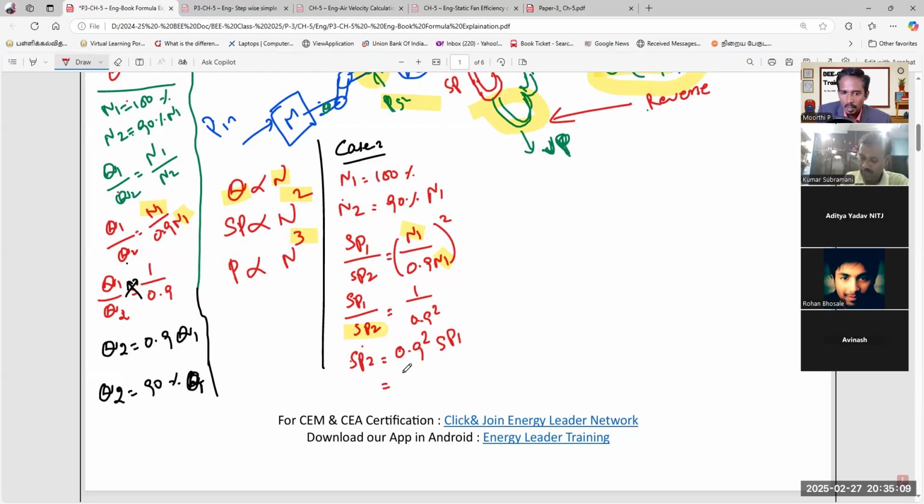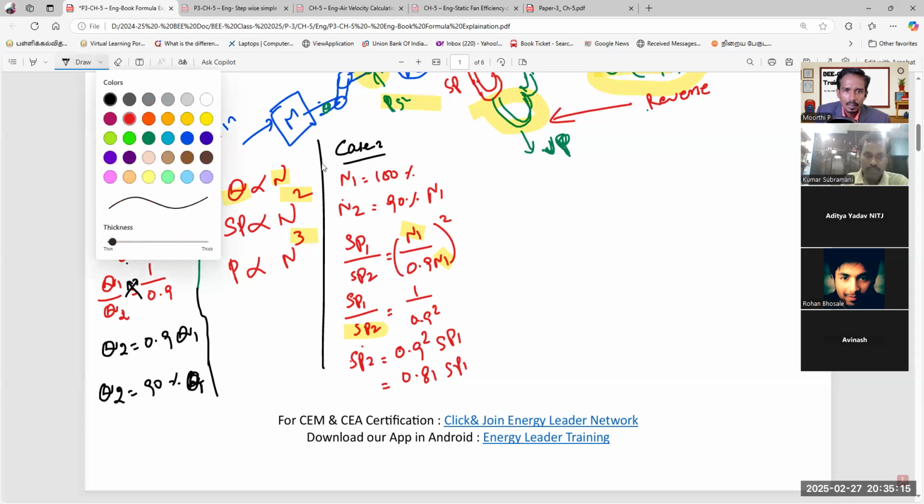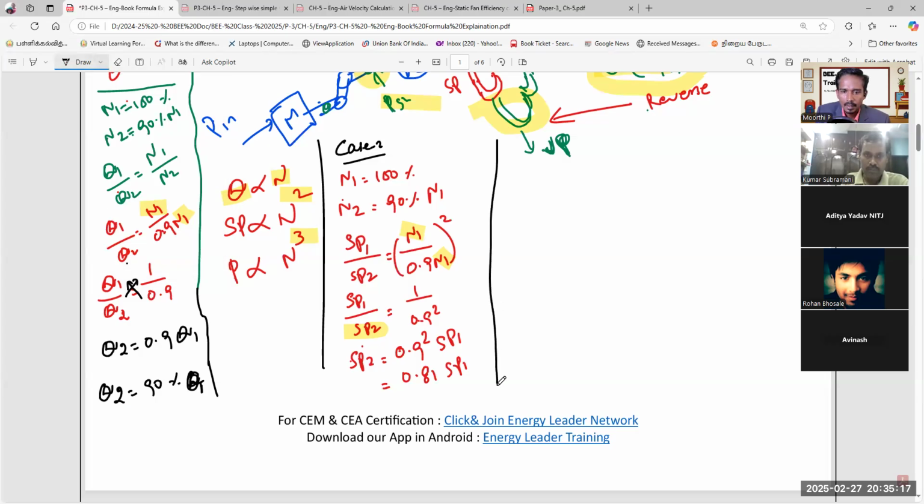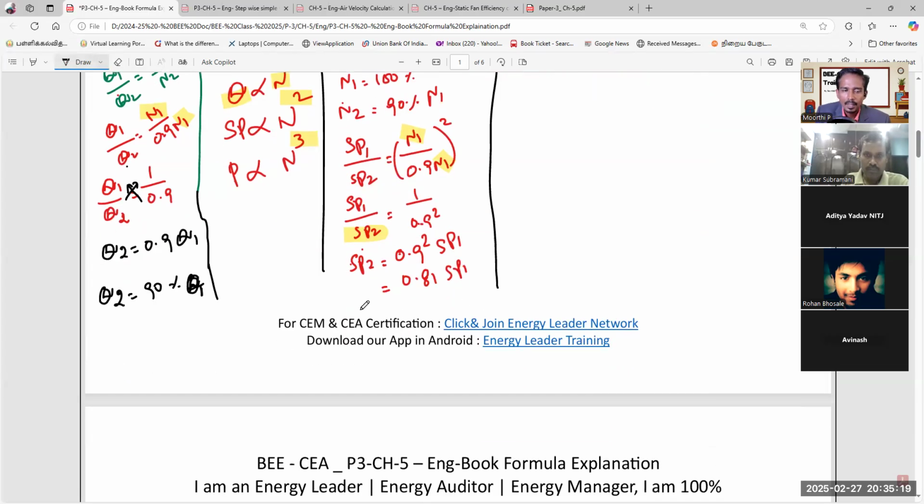0.81, sir. 0.81 SP1. What is the meaning? It is a 19% decrease from SP1. Otherwise, SP2 equal to 81% of SP1.